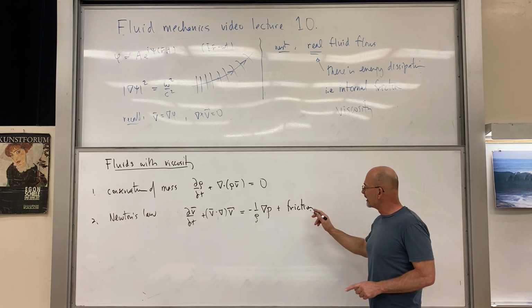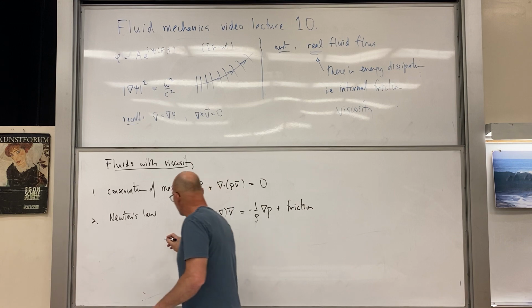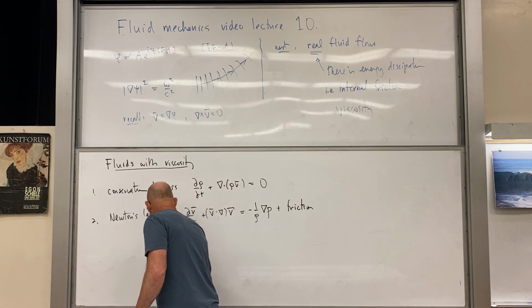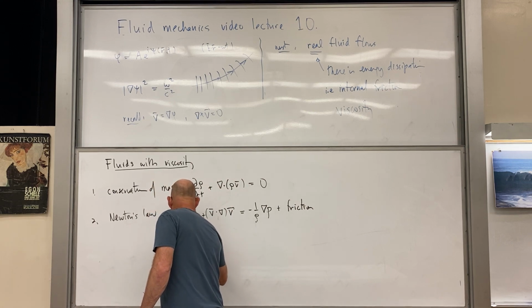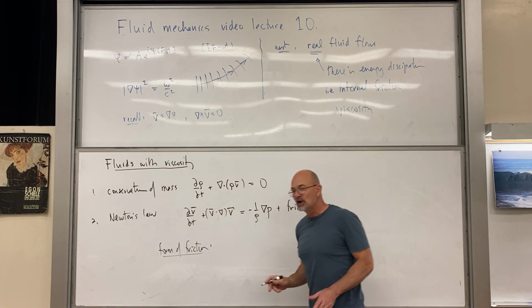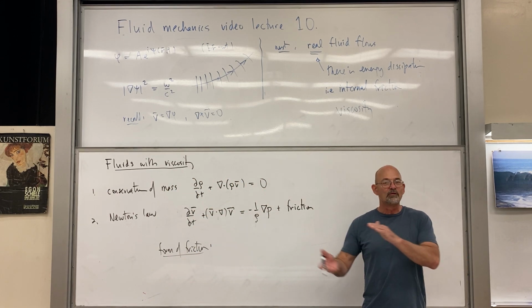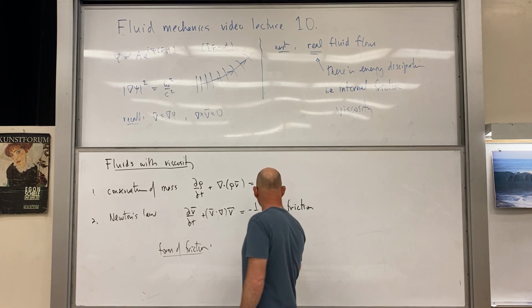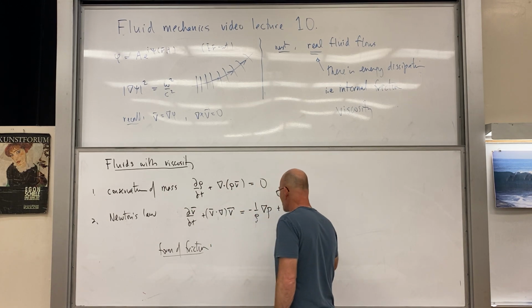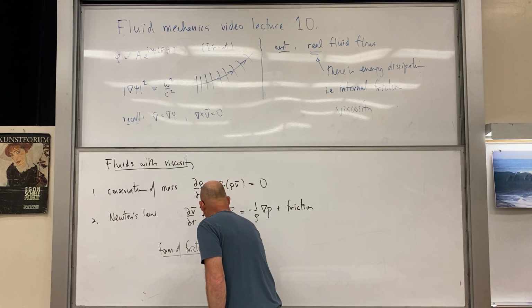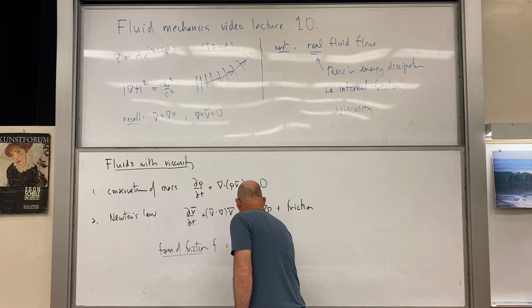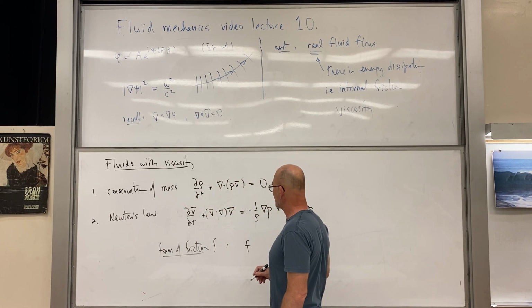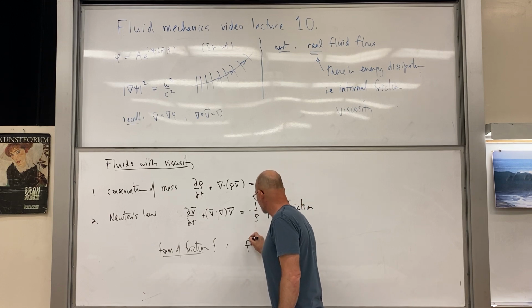And the form of the friction terms is motivated by the following. So let's write the form of friction. First of all, there's going to be no friction if you just had a uniform flow. So let's just call this friction F. For what it's worth, these are all big vectors, okay?